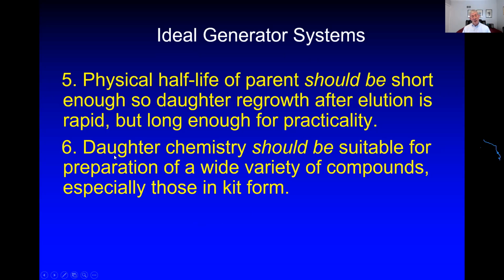Number six, the daughter chemistry has to be amenable to the preparation of lots of different kinds of cold kits. And you know that we have 3 bone agents and 2 hepatobiliary agents, and a lung agent, liver agent, and a number of other kinds of agents I can't even think of right now that are in kit form.